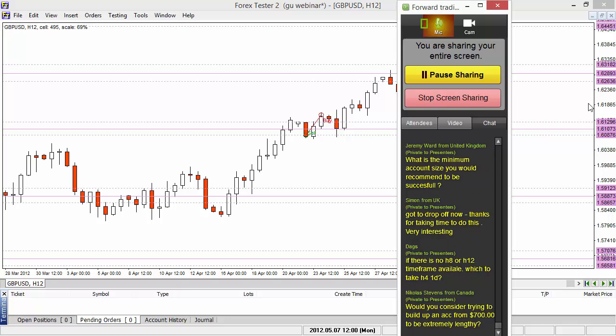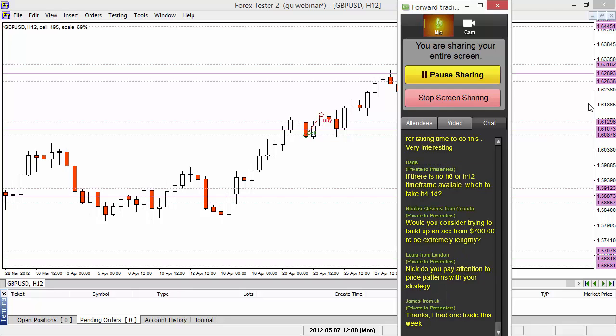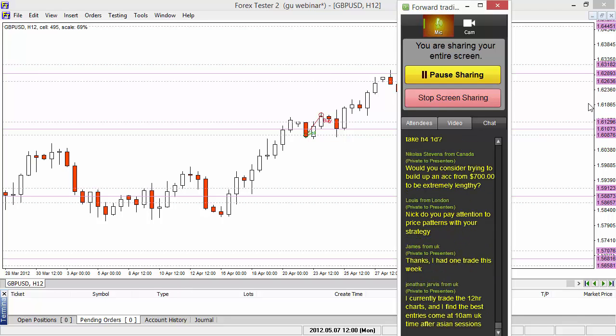What is the minimum account size you recommend for being successful? I mean, if you're serious about trading, you're going to want to start with at least £5,000 or 5,000 US dollars. It really, really depends. But I wouldn't put £5,000 in when you're starting.